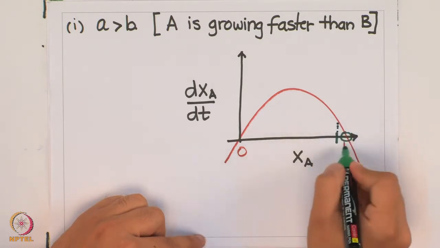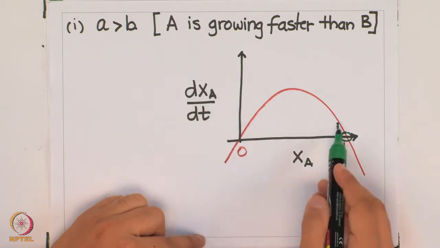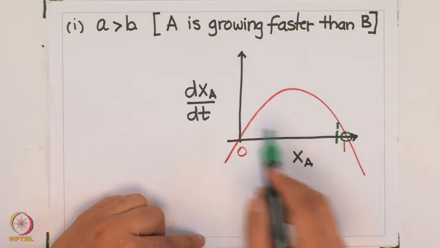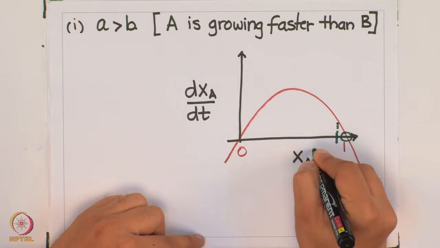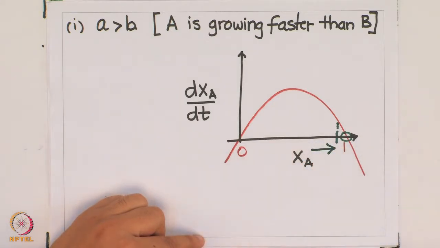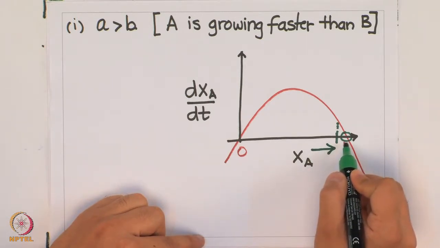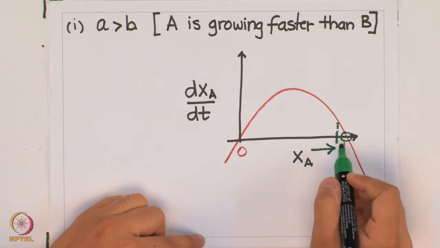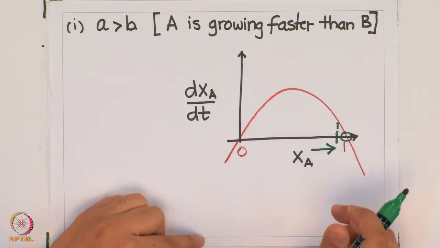I note that the sign of dxa by dt is positive, which means xa increases as time increases, and hence the system wants to move towards increasing values of x as we move forward in time. So, if we introduce a disturbance to the left, the system wants to move back towards the steady state from which it was disturbed.